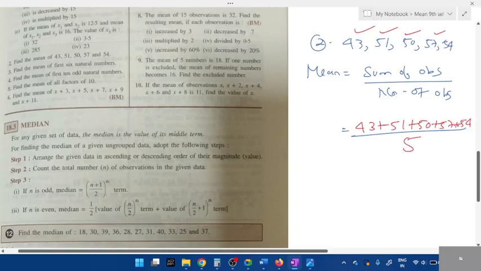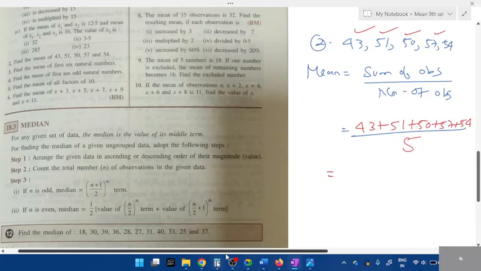Start solving it. How come so soon you all completed? Just now I wrote. How is it possible to calculate so fast?